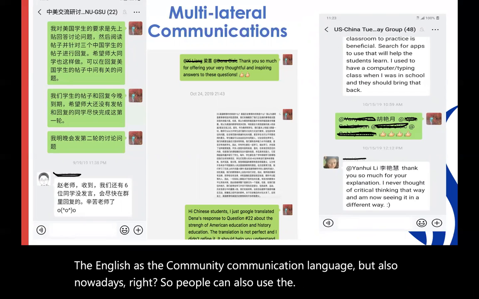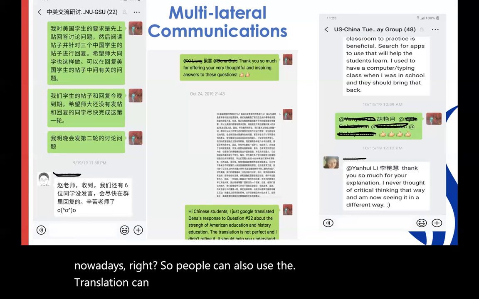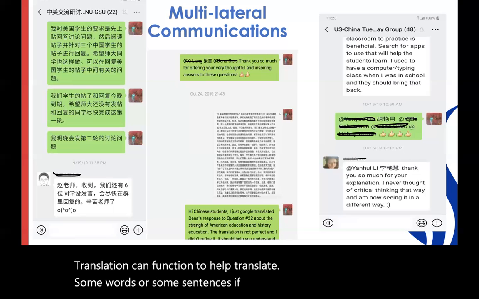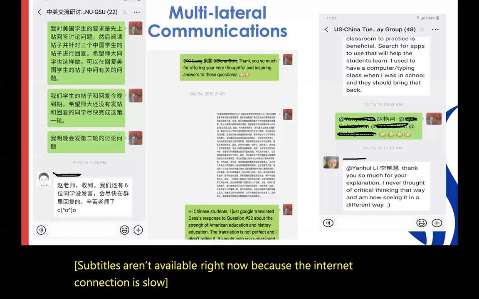So you can see here the Chinese and also the English. Because I'm bilingual, I will sometimes help facilitate the discussion, and sometimes I will clarify some information. But mostly our students are communicating in English.